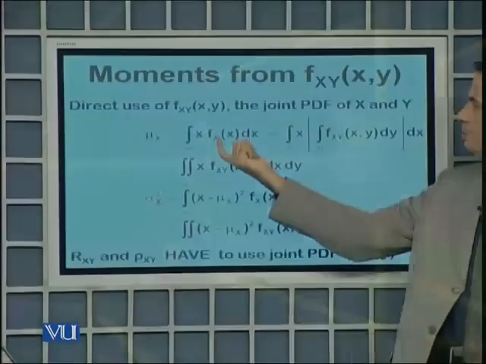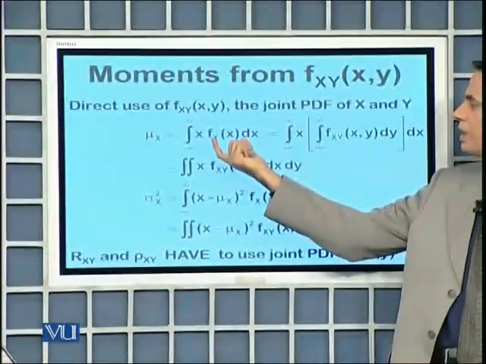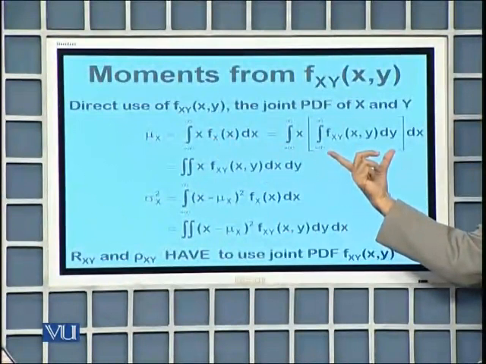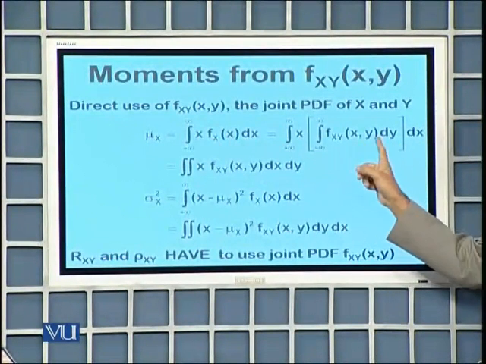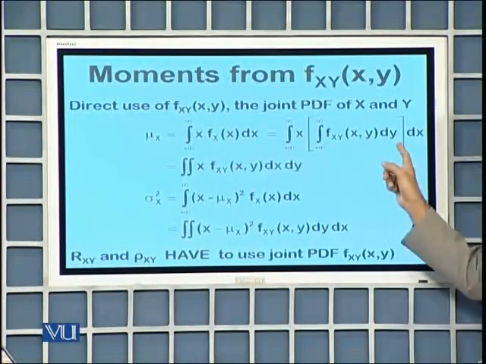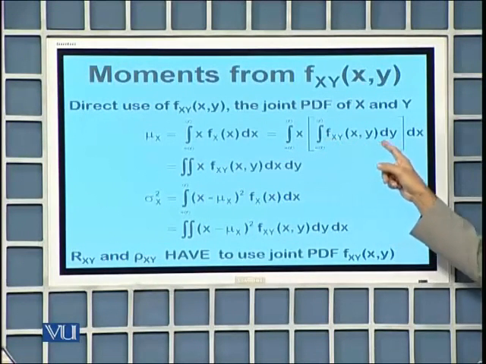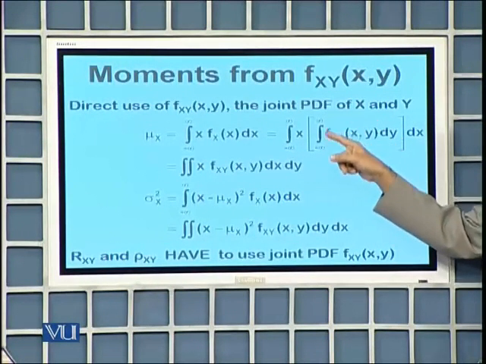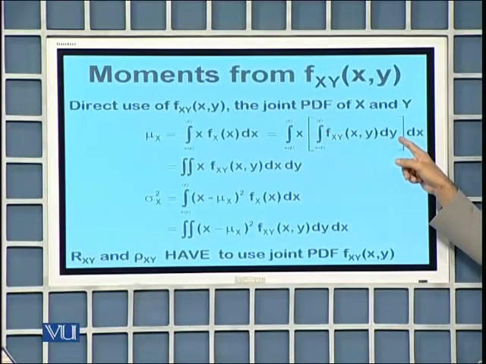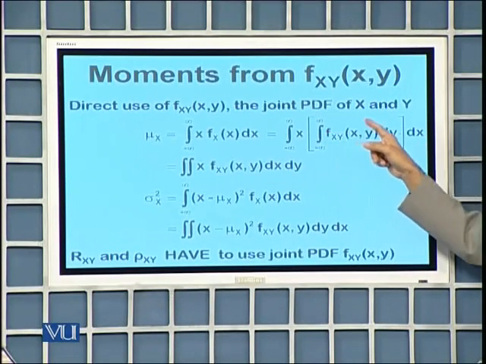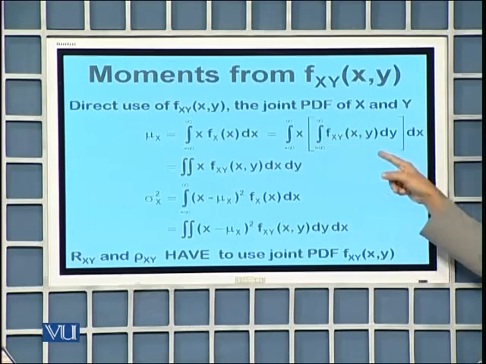Now, this marginal PDF of x is obtained from this joint PDF of x and y by integrating this joint PDF along y.